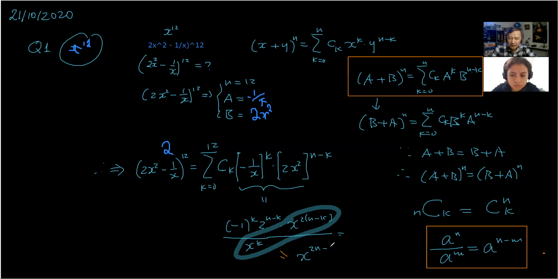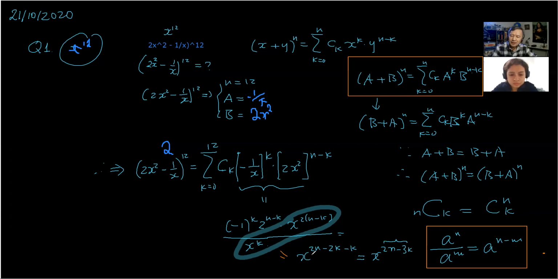I expand 2n, 2k, and minus k, can you see? So what is the outcome? What is the sum? Yeah, 2n minus 3k. Yep, that's right. So we get x to this power.